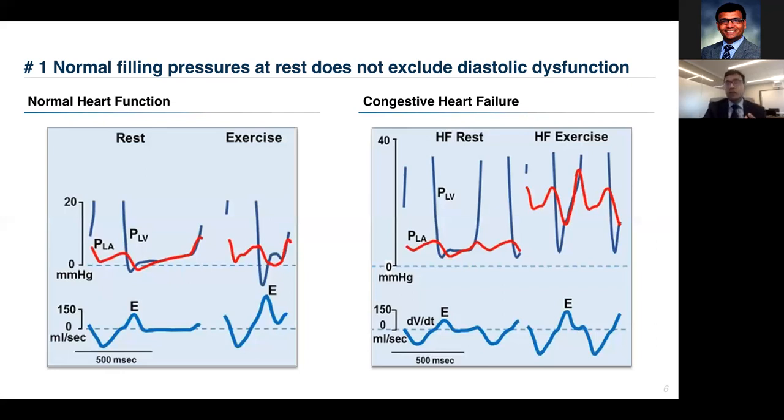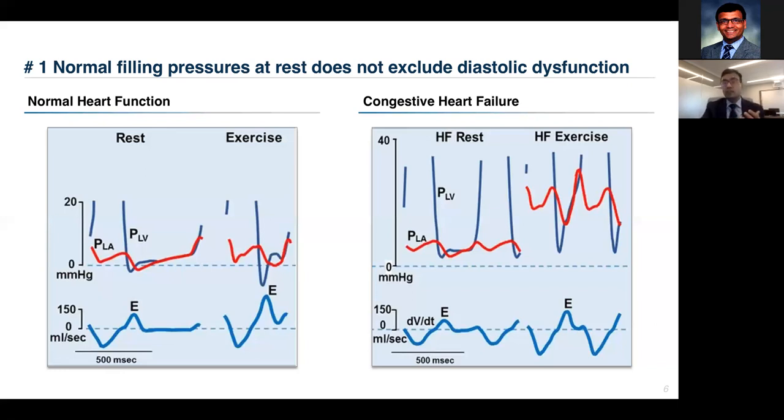And a stiffer ventricle also resists recoil or relaxation. As a result, as the cardiac output is increasing, transport can happen only if the left atrial pressure increases. So the left atrial pressure is forced to rise because of the milieu of diastolic dysfunction.